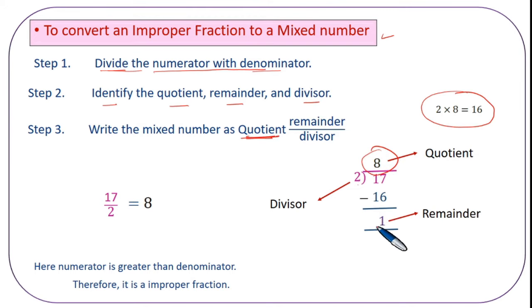Then you have to write the remainder over divisor. It's very simple. This 1 over 2 is written as 1 over 2. Finished. This is the way to convert from improper fraction to a mixed fraction. It's very simple. I hope it's clear to you. Let me see one more example here.